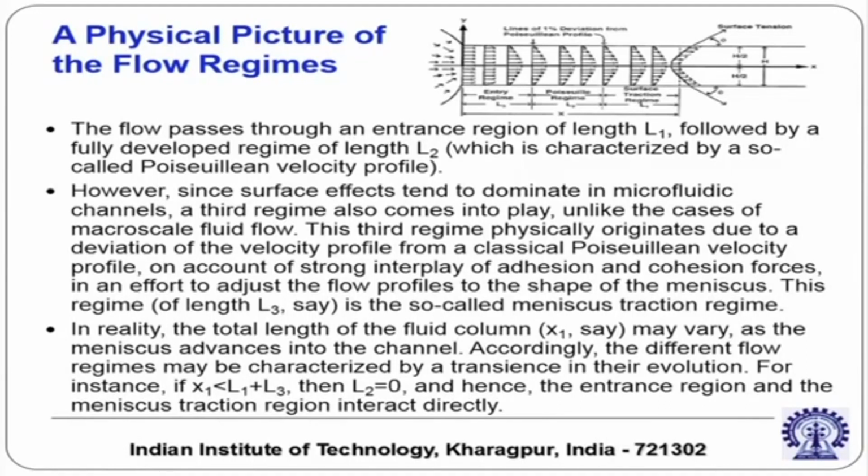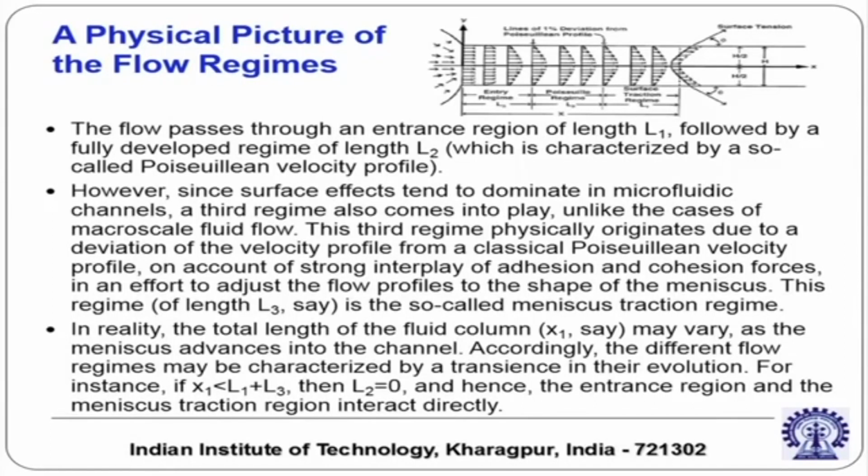Therefore, there is a third regime called the surface traction regime or meniscus traction regime of length L3, where the fully developed velocity profile gradually adjusts to the shape of the meniscus. So, to summarize, there are three regimes: the entrance or developing regime, the fully developed regime, and the surface traction regime.